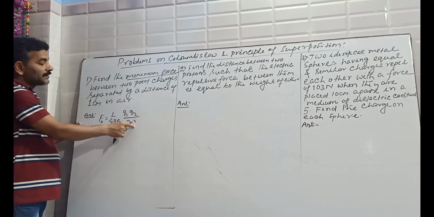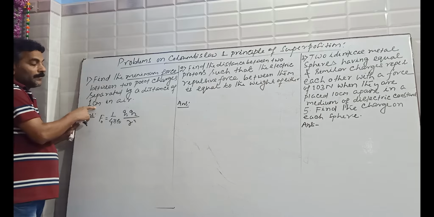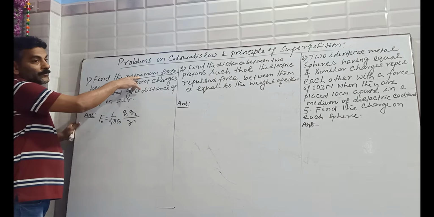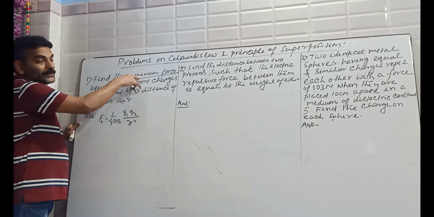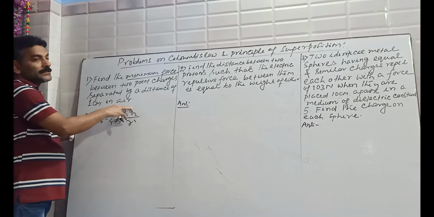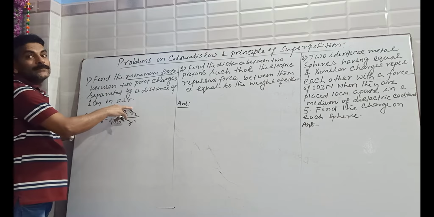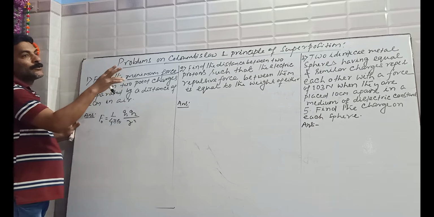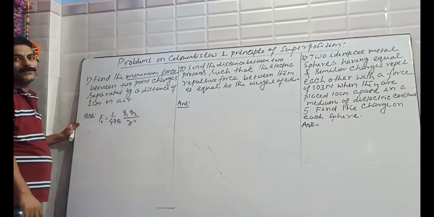Separation between two point charges is given, but the two charges are not given. But you have to find out the minimum force. So in order to find minimum force, these two charges should be of minimum value. That means these two charges should be equivalent to the charge of electron.